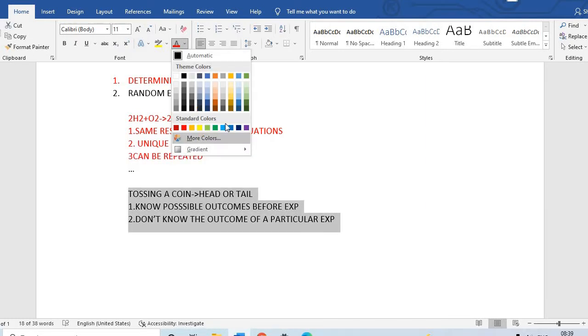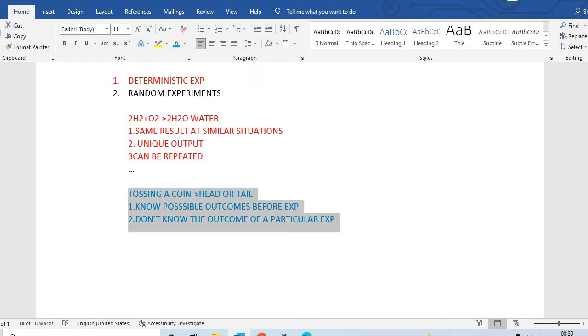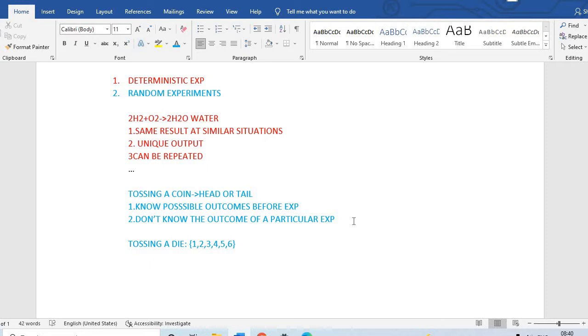Okay. And another example is tossing a die. So if you toss a die, what are the possible outcomes? 1, 2, 3, 4, 5, 6. As in the case of the coin tossing experiment, you know the possible outcomes.